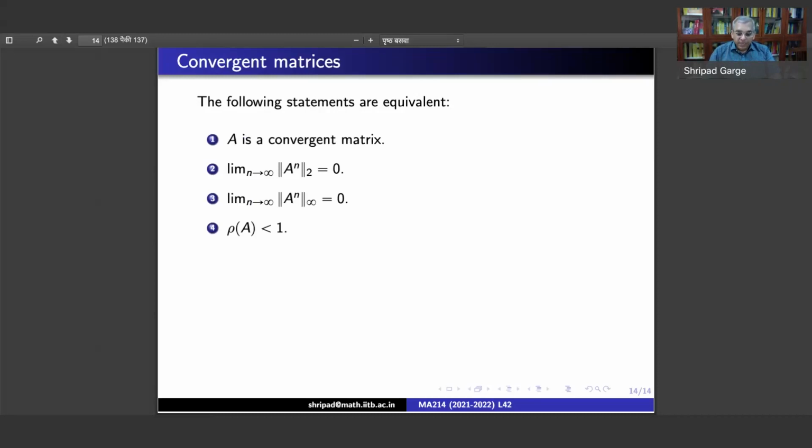This is something which is very important. And finally, the nth power applied to any vector v, as n goes to infinity, goes to 0.